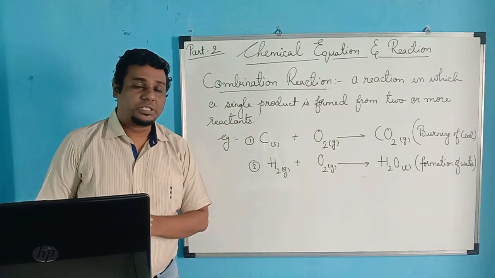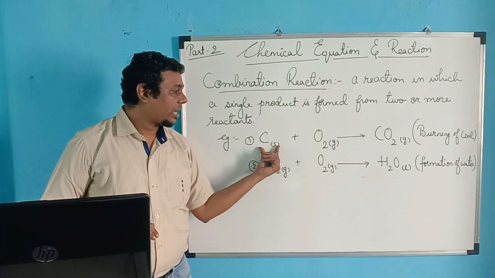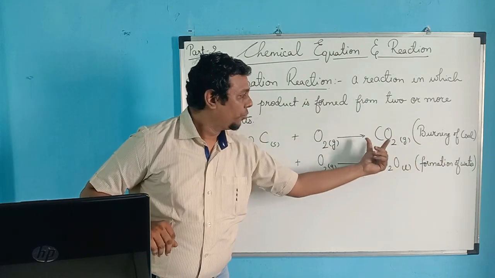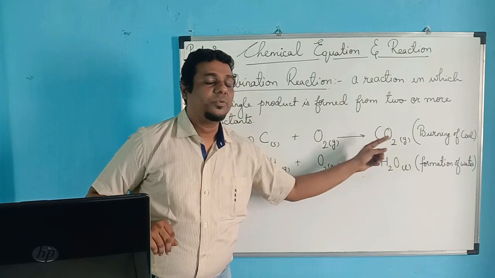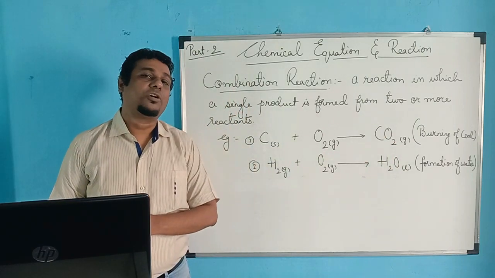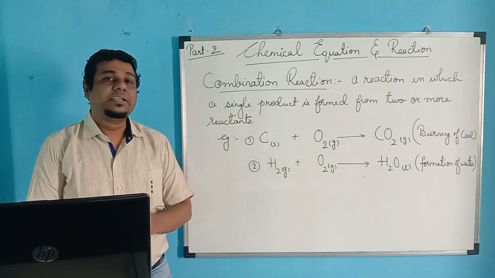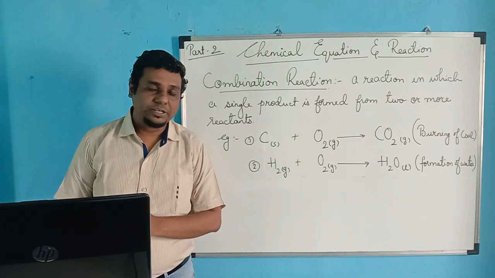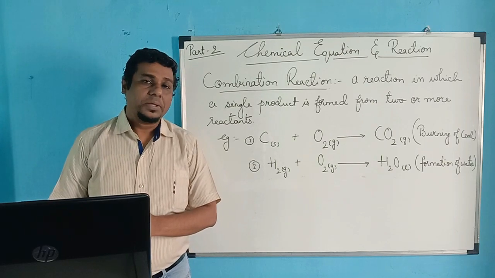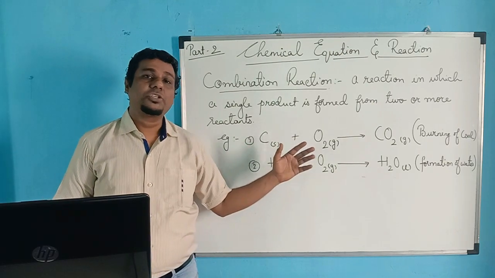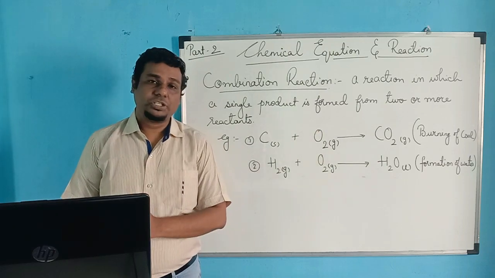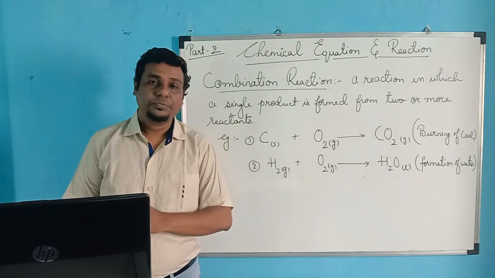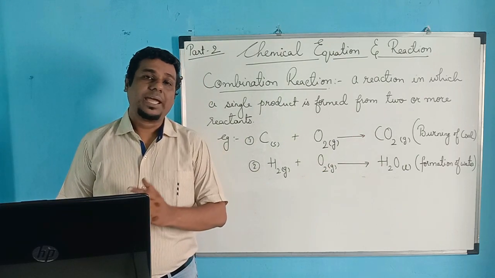Another thing you have to see is that when carbon and oxygen combine, that is during the burning of coal, not only carbon dioxide but heat is also involved. That means heat is generated, which is a type of energy. The reactions which give energy when reactants combine to form a product are also called exothermic reactions.